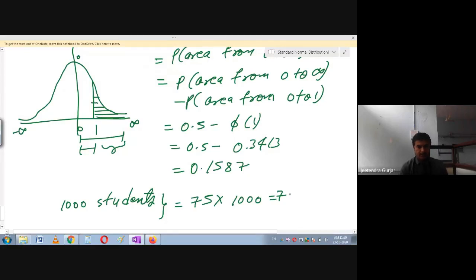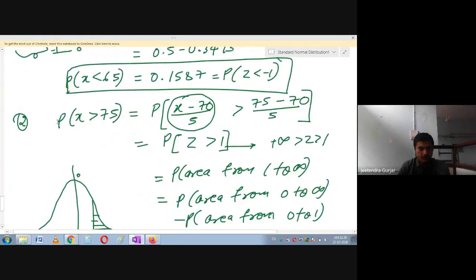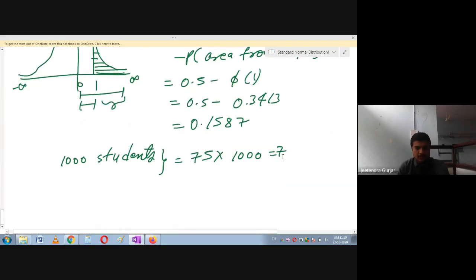But here, what is the percentage you have calculated for P of X less than 75? Therefore, this will be 75,000.